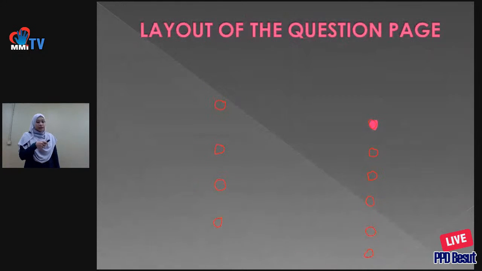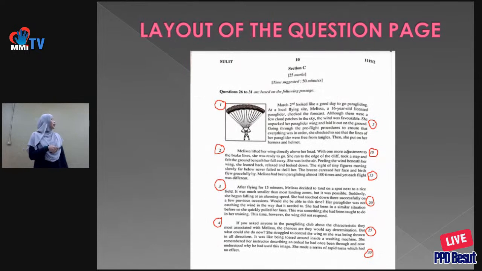All right, the layout of the question passage. Just now you saw the passage, right? This is the layout, and if you notice, we have numbers here, and we also have numbers on the other side of the page.